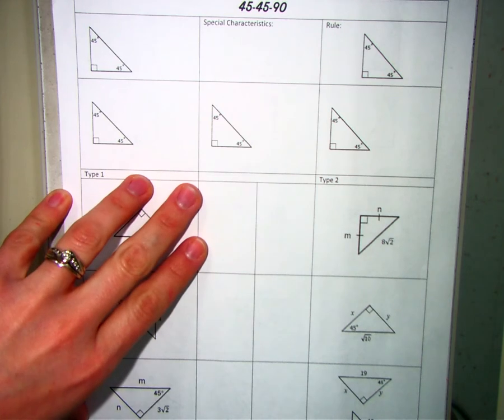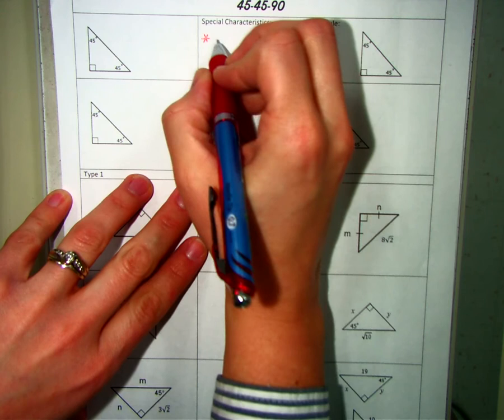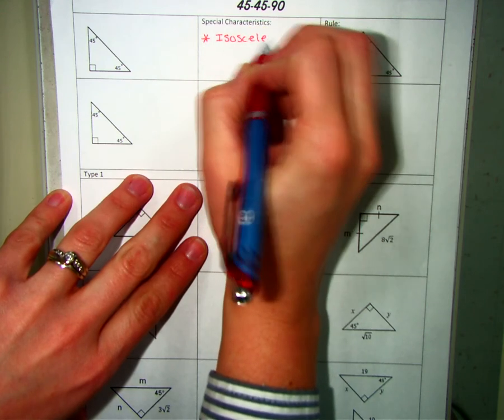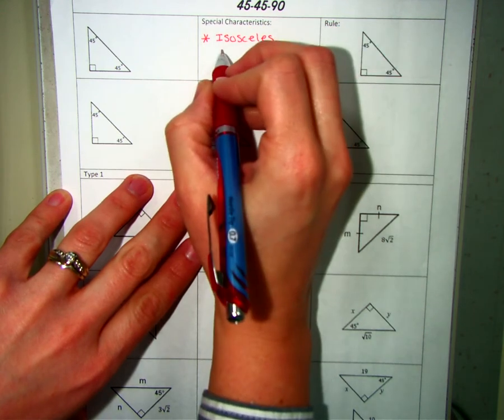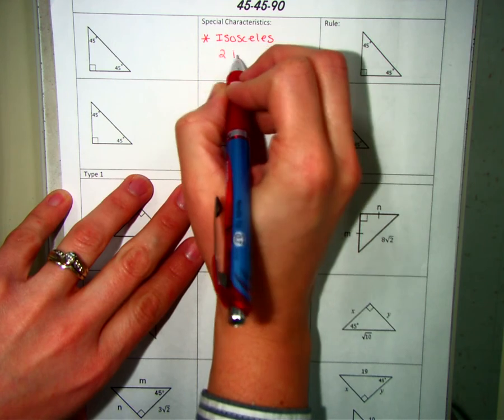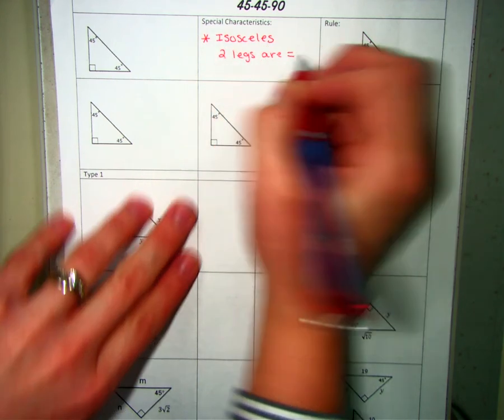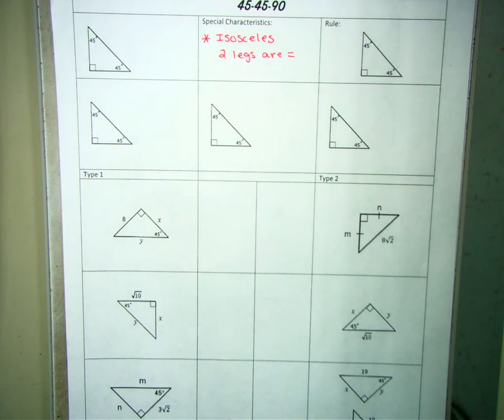But really what we want to pay attention to is the fact that it is isosceles, which means the 2 legs are going to be equal to each other, which is going to make your life a lot easier, because you're going to have to find 2 missing sides of the triangles that you see below, and if the 2 legs are the same, that one is going to be easy.